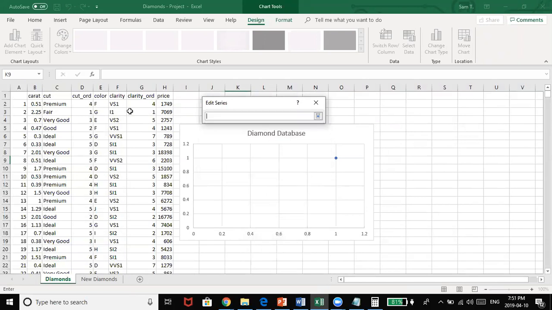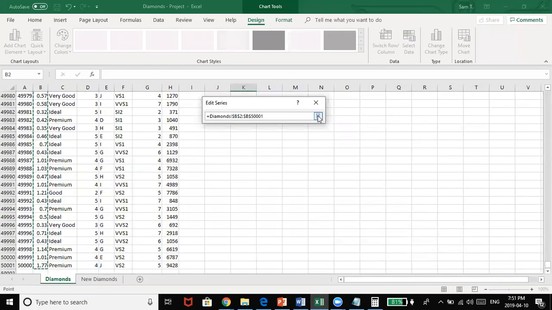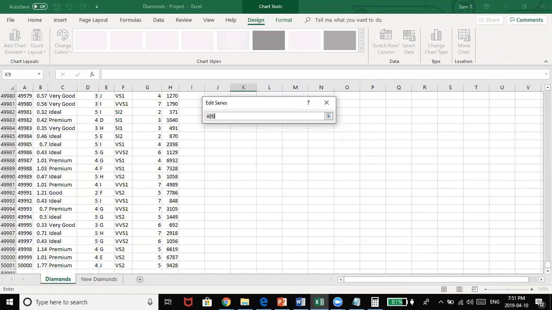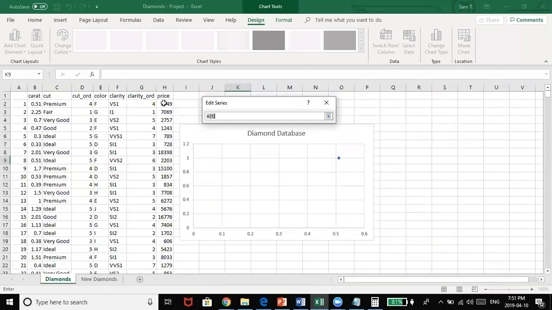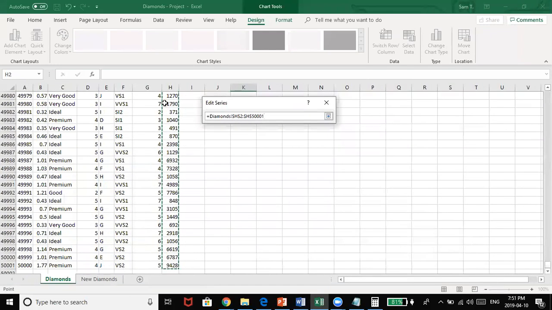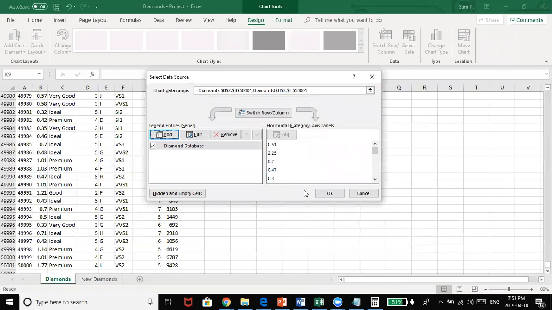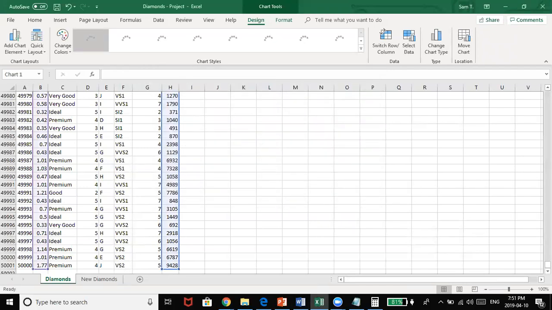Then the X variable would be your weight, so I'm going to select everything on the weight axis. And then the Y variable would be your price, so I'm going to select the price variable, hit enter and say okay.